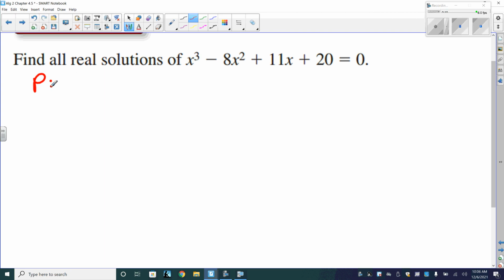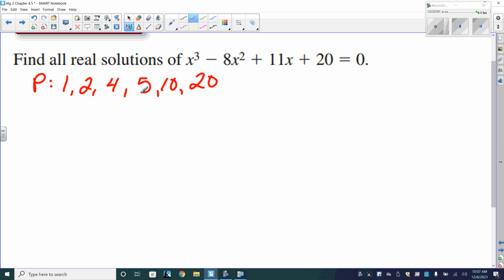So what is our constant term? 20. So what are our factors of 20? Well, 1 and 20. What else do we have? 2 and 10, 4 and 5. Do we have any others?